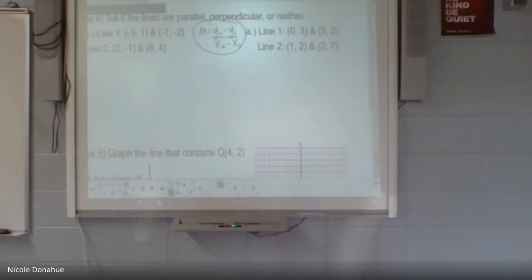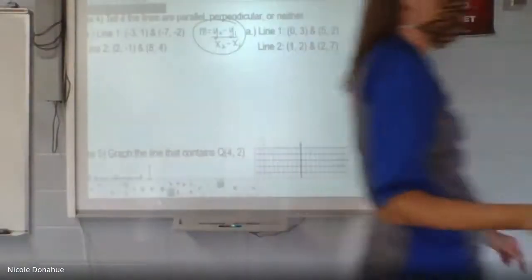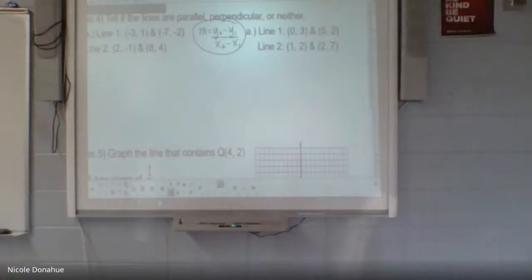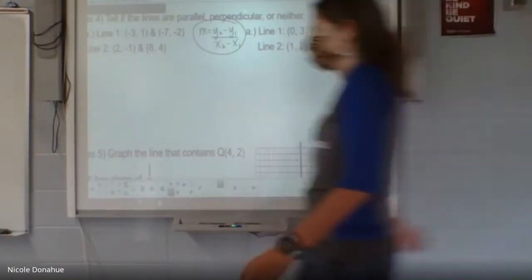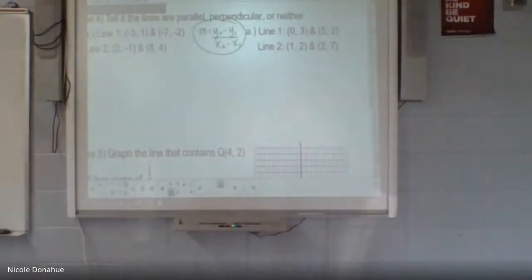You guys in a second here, I'm just going to give you guys another couple minutes to try. Now, if you find the slope wrong, it's really hard to tell if you're right or wrong. So just heads up on that. So if your slope is wrong, you're going to have to fix that first.